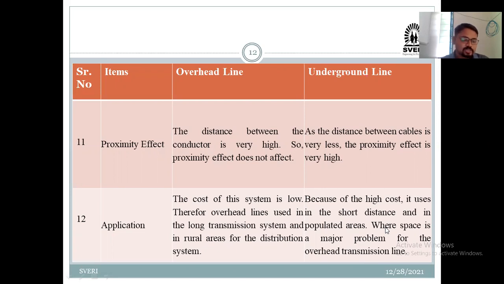But the overhead system, its cost as compared to the underground system is low. That's why it is generally used for long transmission and distribution purposes in rural areas.